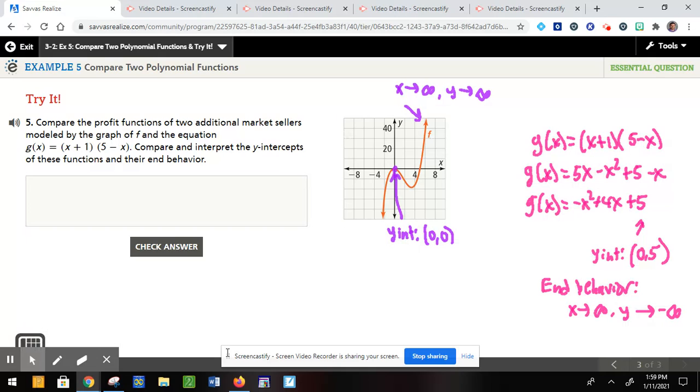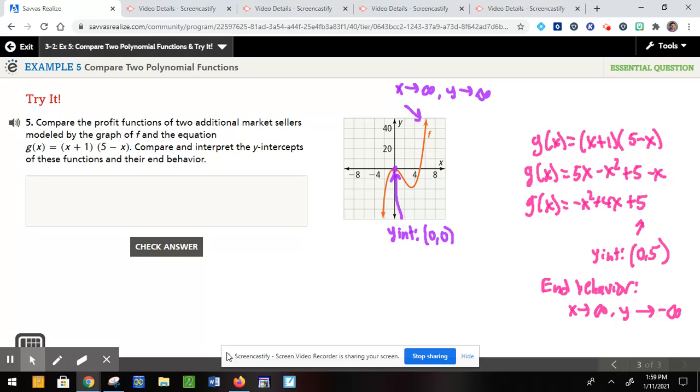All right, so looking at the f function, the y-intercept is at 0, meaning they don't make any money when they make no items to sell. Whatever they're making doesn't really say in the question. And the end behavior is that it goes up, right? As x approaches infinity to the right, y approaches infinity, up.